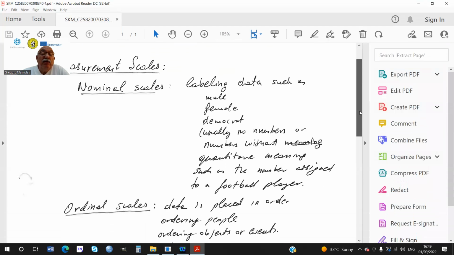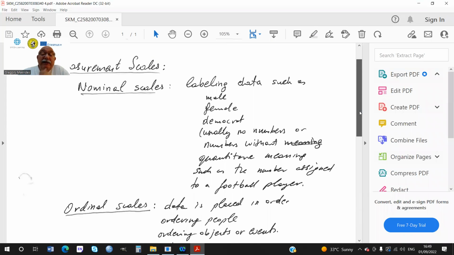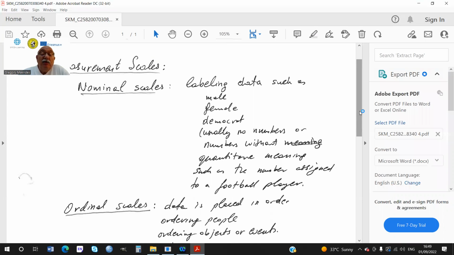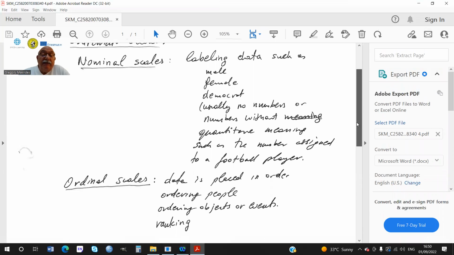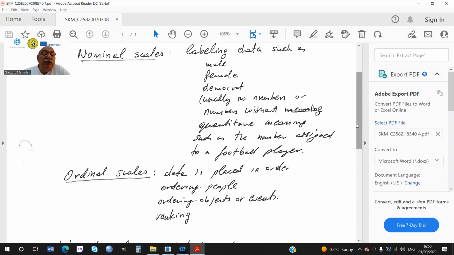We should know what a nominal scale is. Labeling data such as male, female, or Democrat, or the color of a window. These things are nominal scales because changing their order doesn't make sense, right?